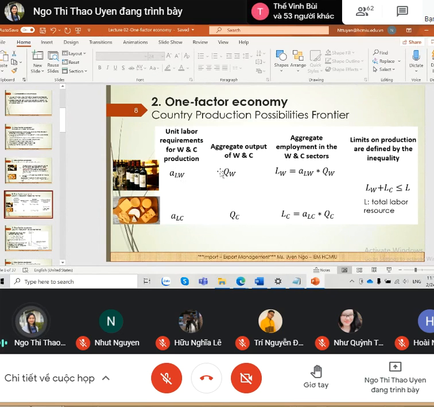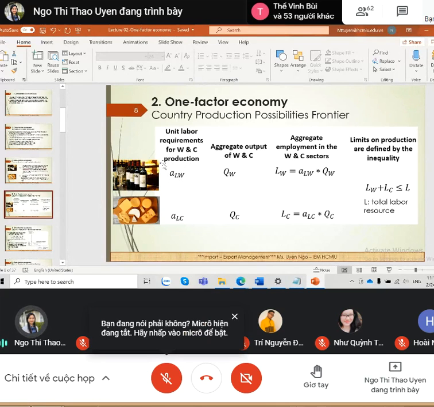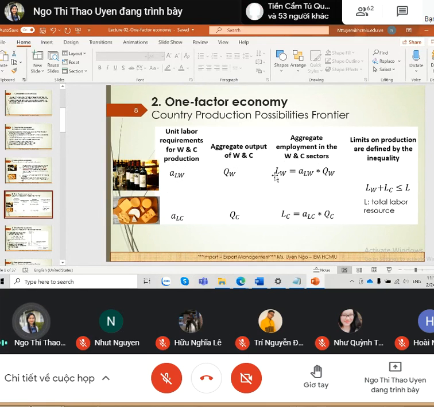It's equal to the unit labor requirement, how many hours we need to produce one unit, multiplied by the quantity, total units. So we have total employment, total labor used in wine production, and in cheese production it is the same.